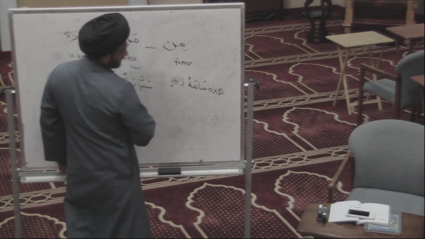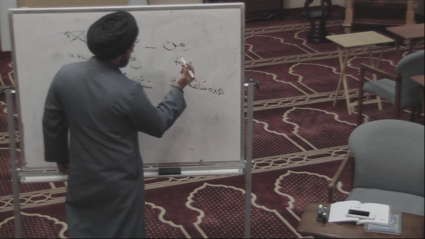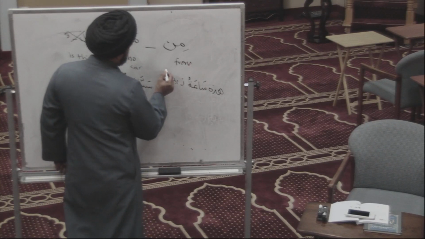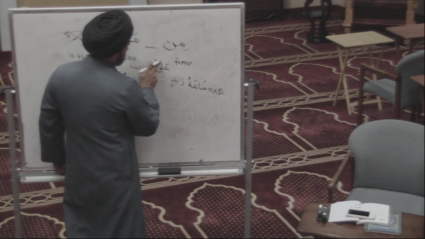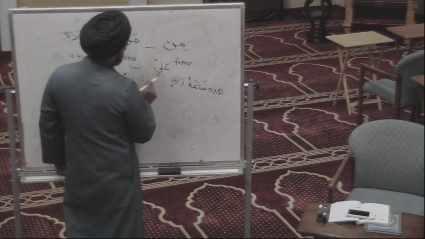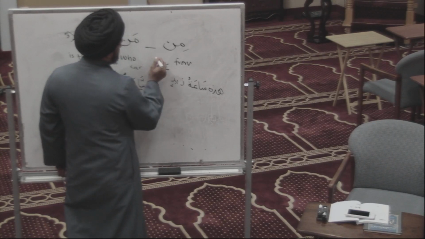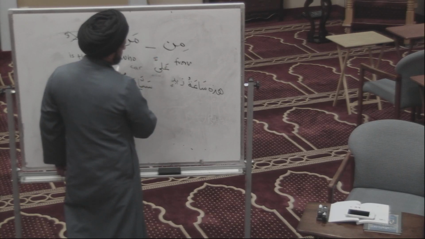Zaidin. هذه ساعة زيد. What they do with the word with a tashdid is that they put the tashdid on top. And if they want to put two kasras, they'll just put it underneath the tashdid. Instead of putting it underneath the letter, they'll put it underneath the tashdid. If they wanted two fathas, they'll put on top of it. So this is how they do it.